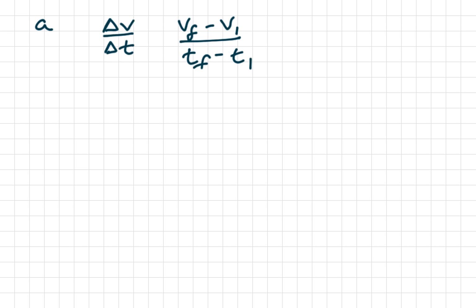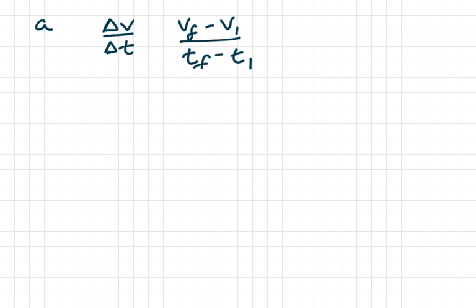All right, finally, another quantity we will be interested in studying is acceleration. Once again, our average or our constant acceleration will be defined as delta v over delta t, and that will be v final minus v initial divided by t final minus t initial.